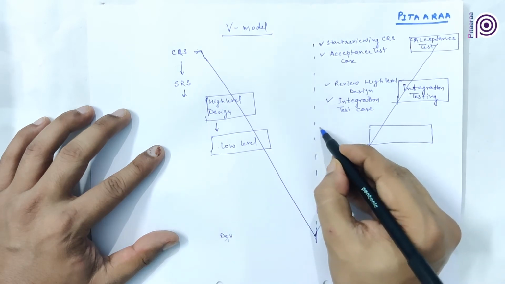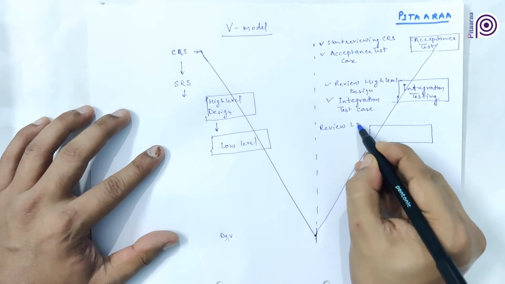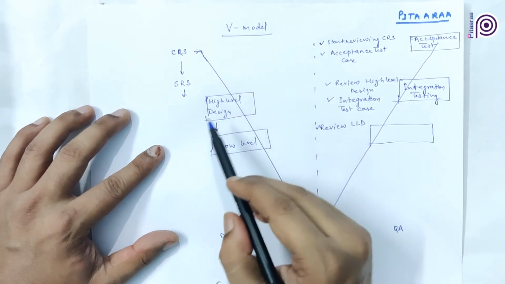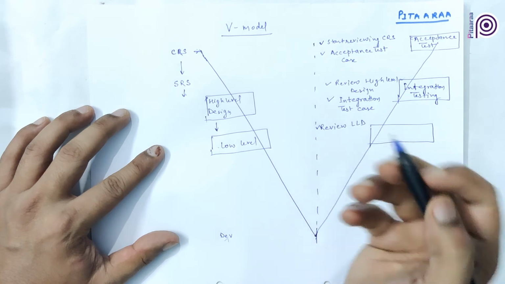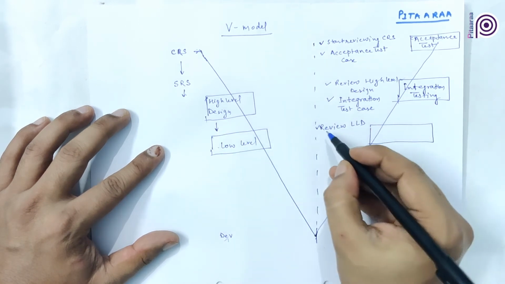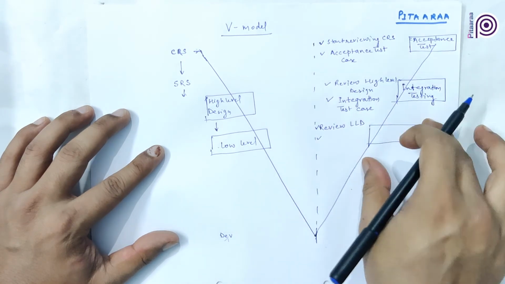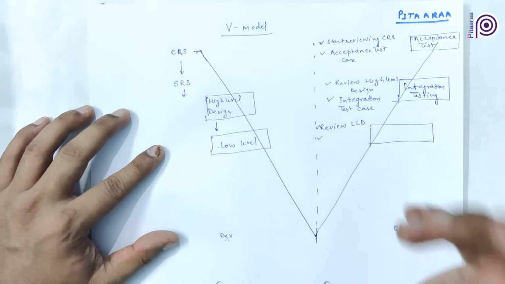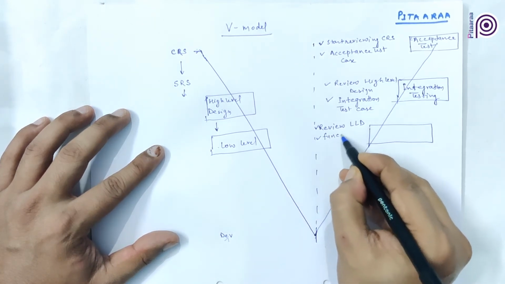The QA team will review this low level design with respect to the SRS and high level design. If they find any issue, they will contact the project manager or the senior developer. They will correct them and send them again to the QA team. The QA team will again review the low level design, and they will start writing functional test cases.